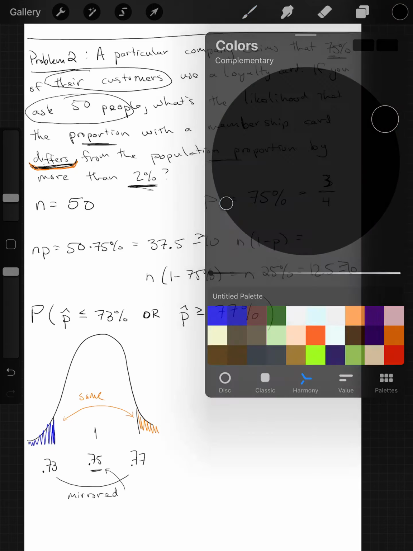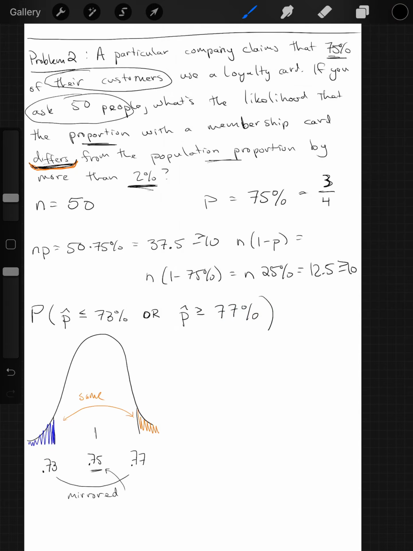So that means we have three options. The harder work one is to say we want the probability that P hat is less than 73% plus the probability that P hat is greater than 77%.